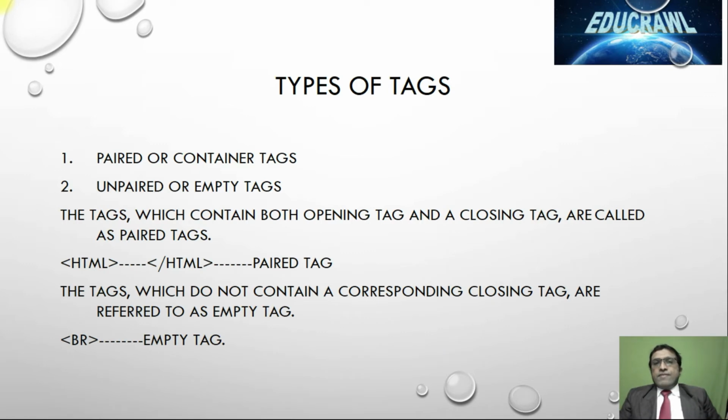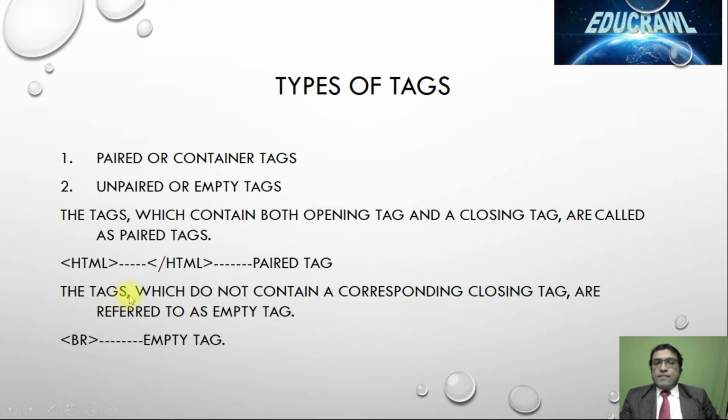Now we can see the various types of tags. One is paired or container tags. The second type is unpaired or empty tags. A tag which contains both an opening tag and a closing tag is called a paired tag. So you see here html and slash html, it is called a paired tag.